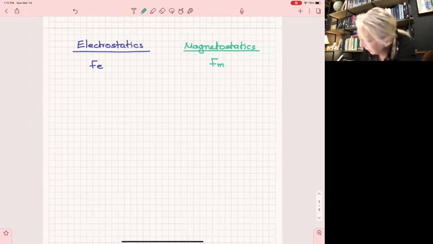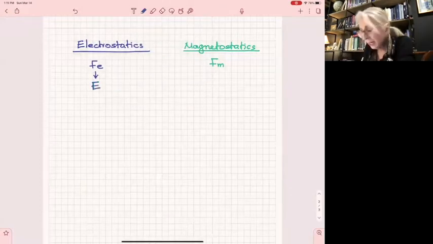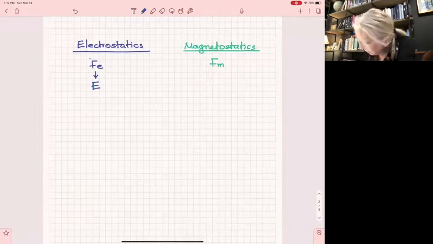Now, from the electric force, from Coulomb's law, I'm not going there yet, but from the electric force, we define the electric field. So the electric force defines for us the electric field. How do we define the electric field?